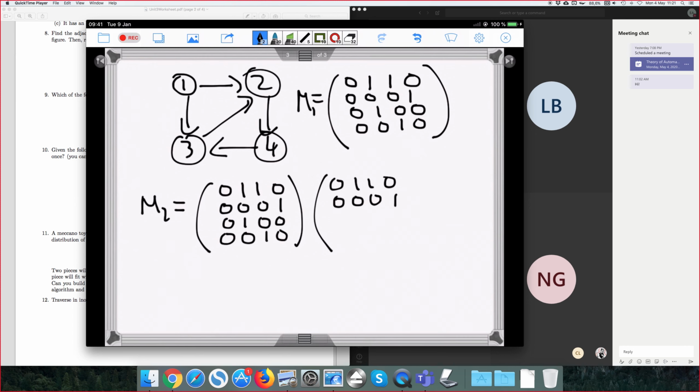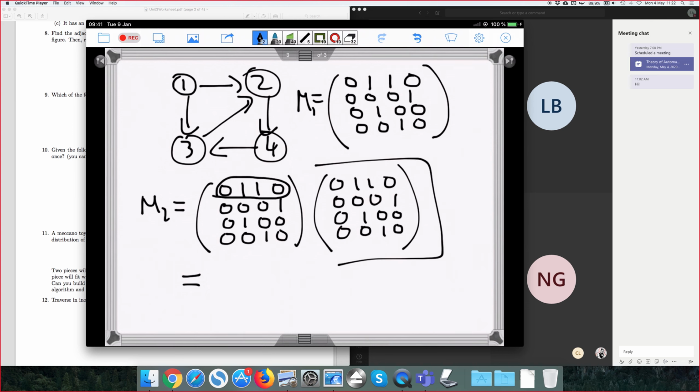Okay, and to do that, remember that we can use the fact that this is a Boolean multiplication, and when we multiply, we obtain sums of rows. When I multiply this row times this matrix here, I'm going to multiply this one with this row here and this one with this row here.